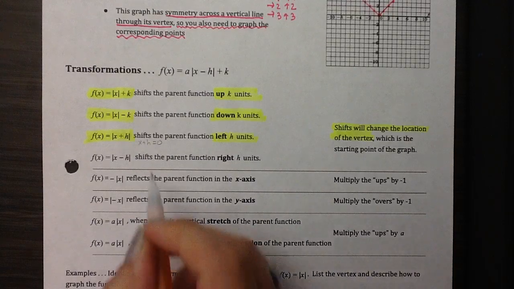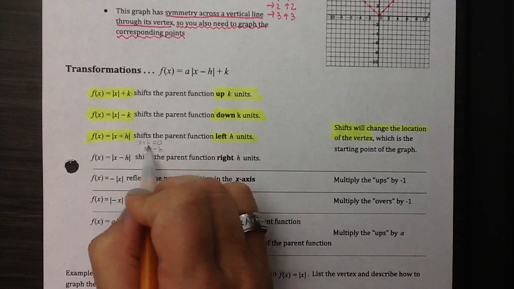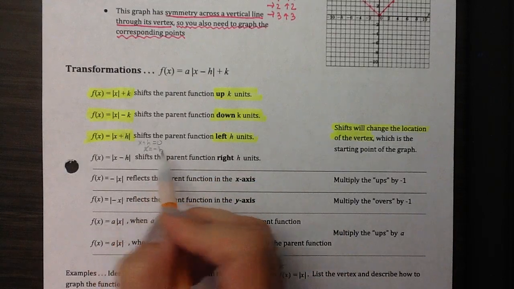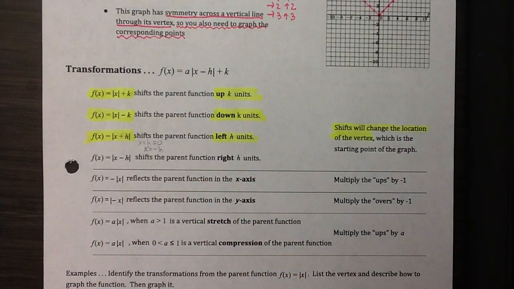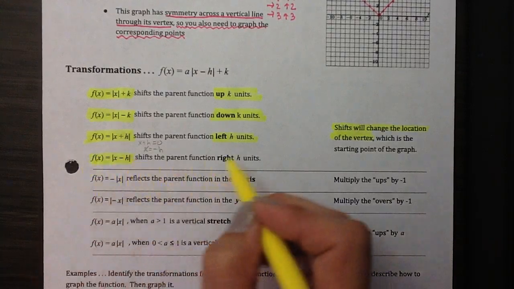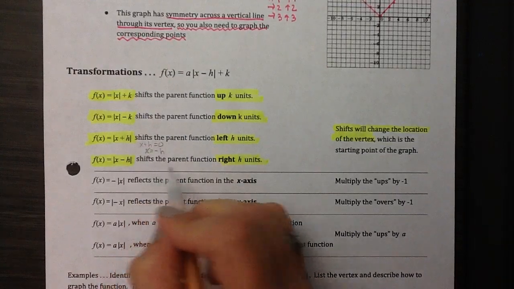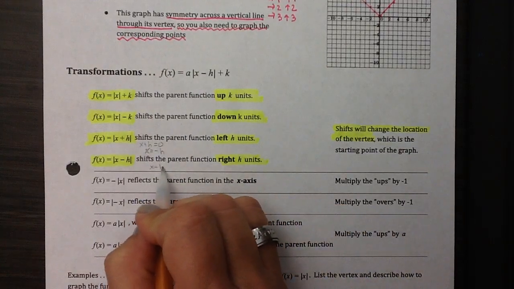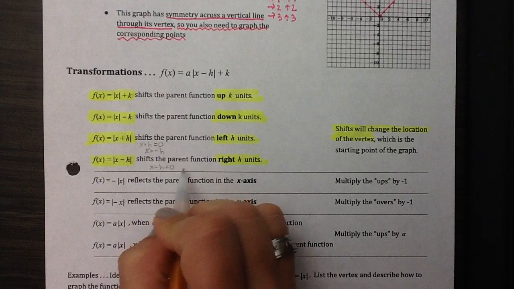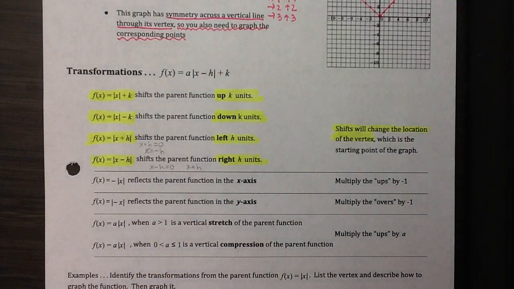So x plus h equals 0, and then we get x equals negative h. That will give you the x-coordinate of your vertex. Similarly, if I have subtraction inside with the x, it's going to shift my graph right h units, which again, if I set x minus h equal to 0, I would add h to both sides, and that would give me positive h.